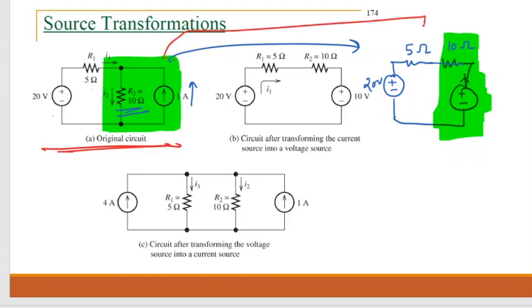If we convert it into a voltage source, how many meshes would it have? Whenever you convert it, it will always reduce one mesh. So one mesh is reduced, one variable is eliminated and your work will be easy, right? Here you need to solve two equations, but here you need to solve only a single equation. Correct? Understood?